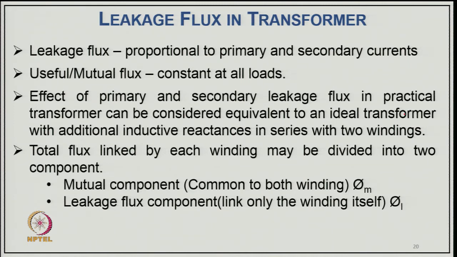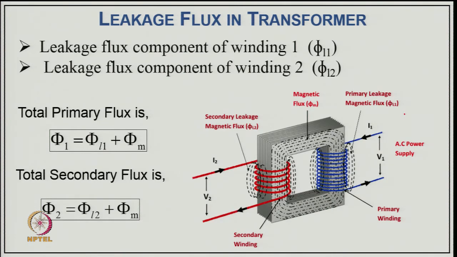If it is with the primary, it is called phi L1. So, leakage flux with winding 1 is phi L1 and leakage flux with the secondary winding is phi L2. L represents the leakage. So, the total flux in the primary will be phi 1, that is phi L1 plus phi m, and the total flux in the secondary will be phi 2, that is phi L2 plus phi m.